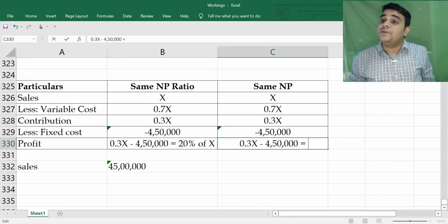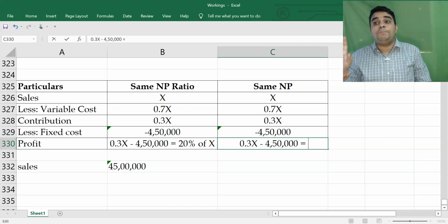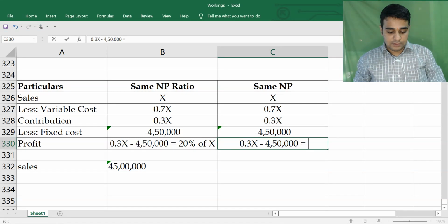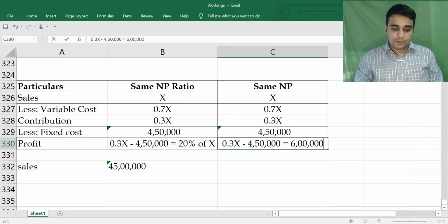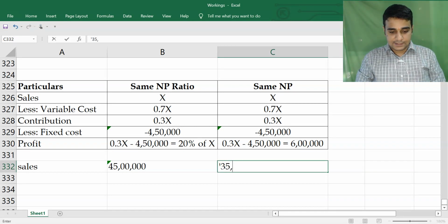Now the objective is to maintain the net profit, not the net profit ratio. So net profit of last year was how much? I am equating this to 6 lakh, you can let me know the sales. 35 lakhs.